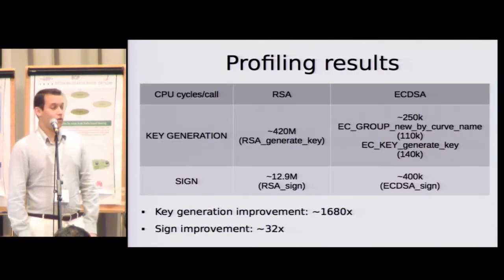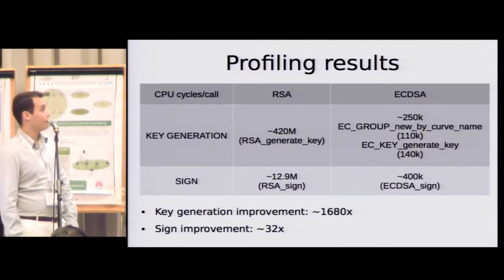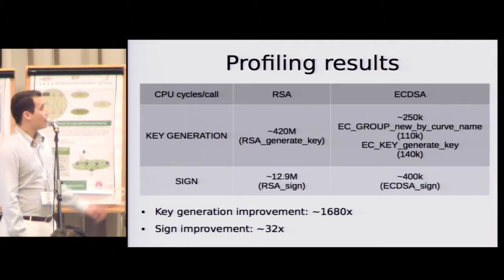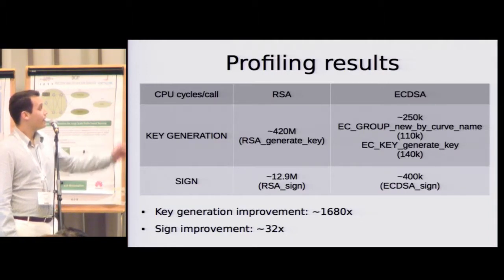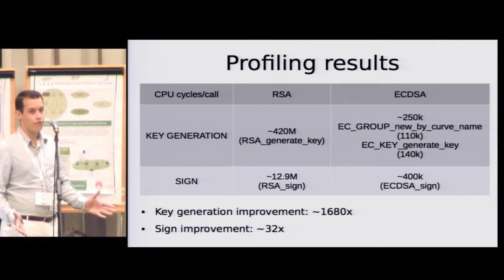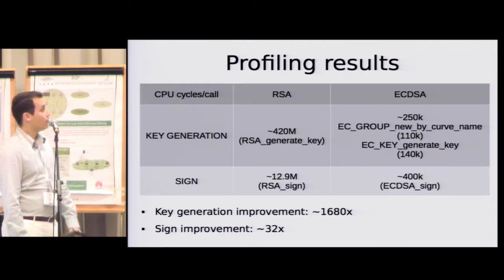Here in this table, you can see the results. For example, for key generation, we can see that for RSA we need 420 million CPU cycles, but for ECDSA we only need 200,500 cycles.